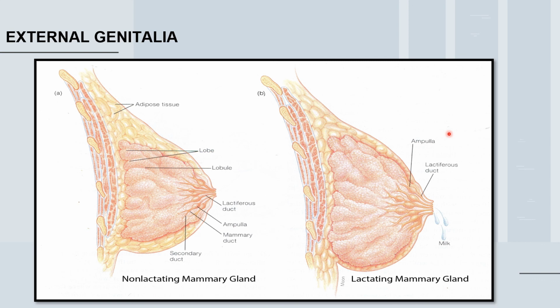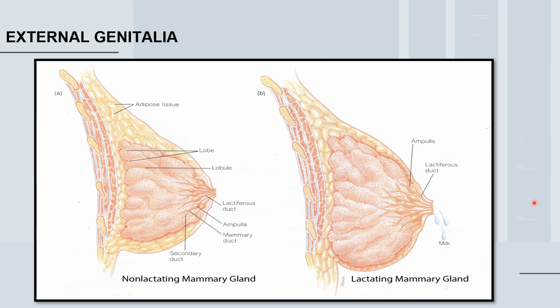Under external female genitalia, we studied the vulva, which comprises labia majora, labia minora and clitoris. Then we studied the hymen, followed by the vestibular glands, also known as Bartholin's glands, and lastly the mammary glands.